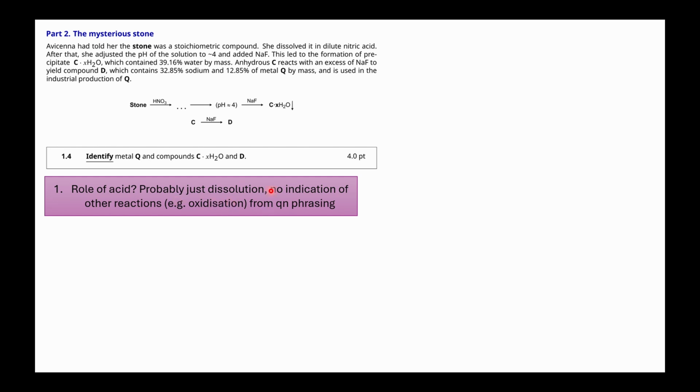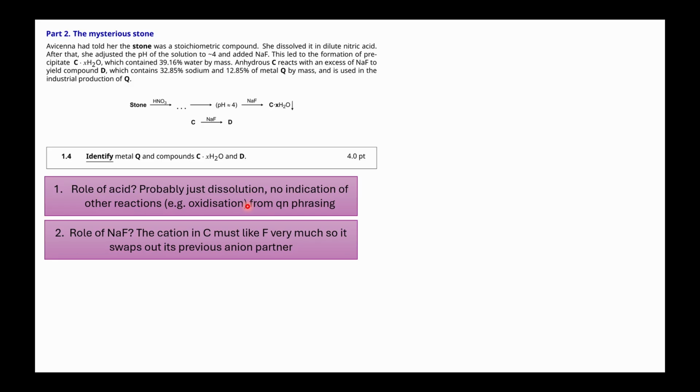Yeah, it should be oxidation. I don't know what I was doing while typing this slide. My apologies again. And there are no descriptions of bubbling, color changes, or whatever. So yeah, probably just dissolution.